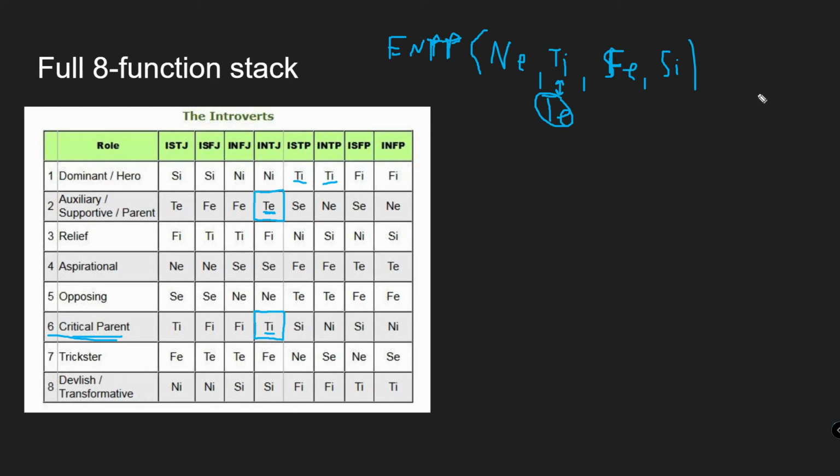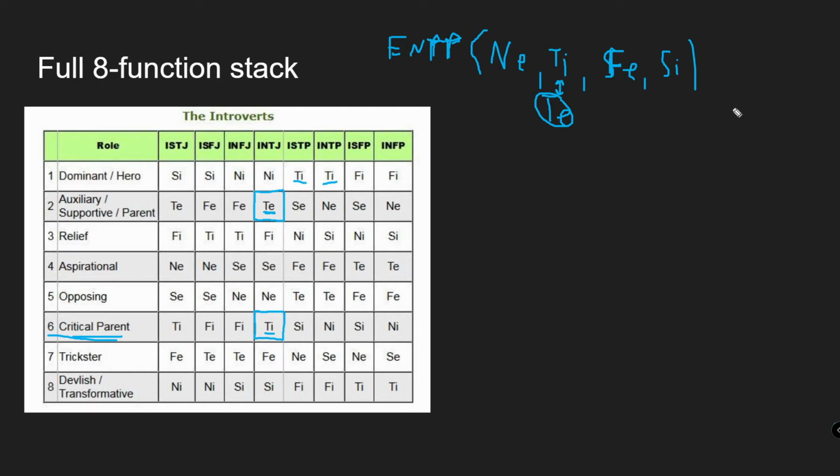Now, the critical parent is all about value. What do you value more? Now, why does this cause mistypes? The critical parent function is usually the strongest shadow function, and it's almost as strong as your dominant function.